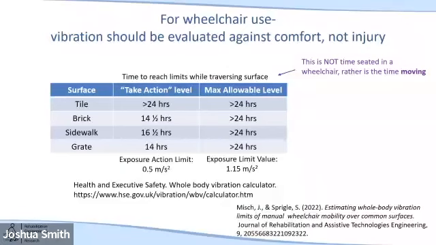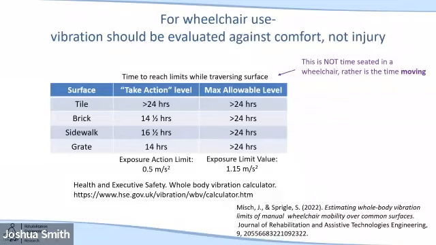So these are the guidelines, okay? This is a calculator. You can plug in numbers. It's from the UK. And you basically have these 2 limits. They're occupational things. And so you say, this is the vibration exposure, and this is where you have to take action. So in the UK, we have to take action if it reaches this.